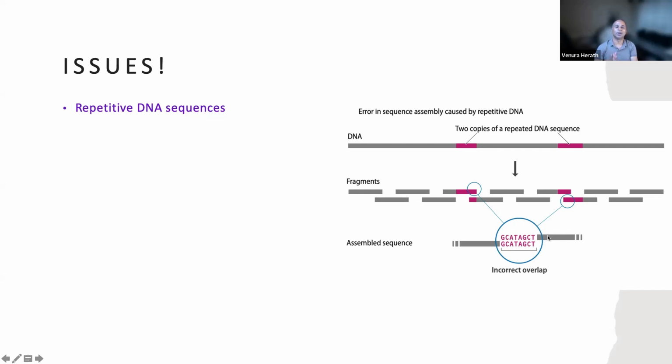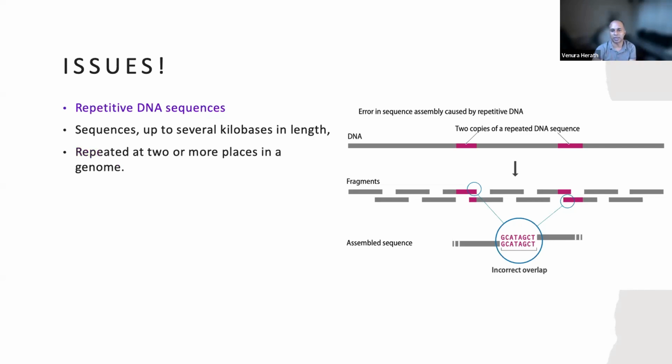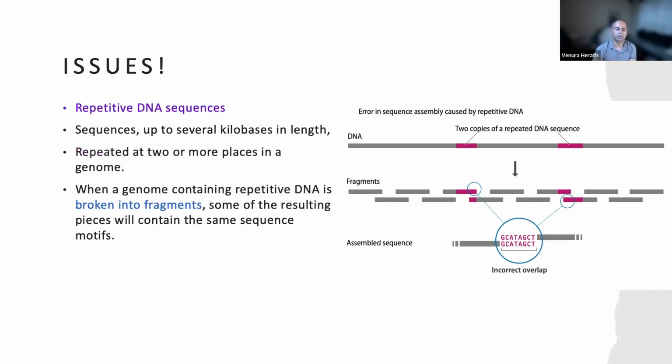So now you have a completely different setup. And because these repetitive sequences can be kilobases in length, and as I mentioned earlier, they are repeated in many places, when you try to assemble, what is going to happen? Because of this sequence similarity between repeated elements, you will have a wrong assembly.